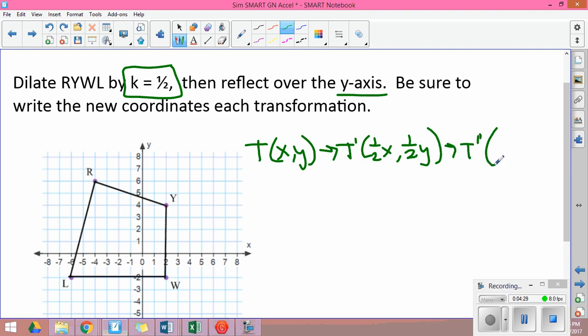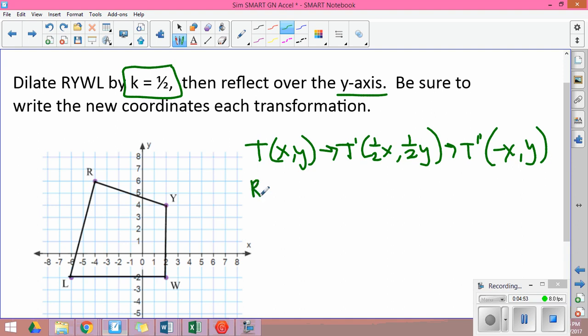And to reflect over the y-axis, we need to do the opposite sign on the x and leave the y alone to get things to move across that y-axis. So that's my order. Then I'm going to list my coordinates.